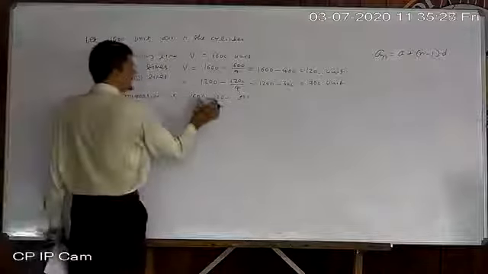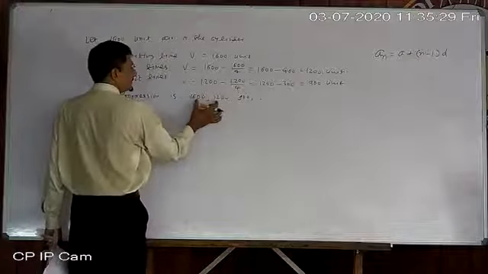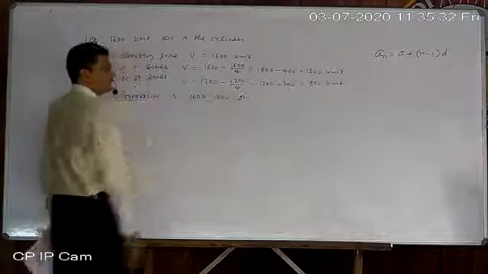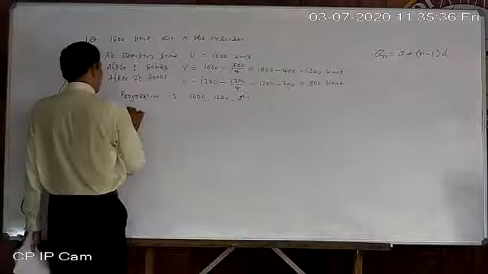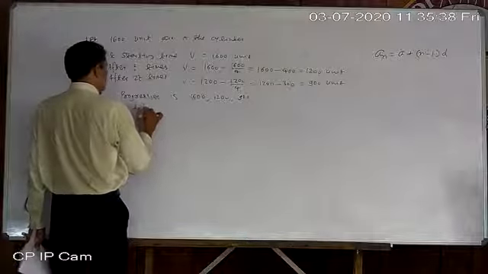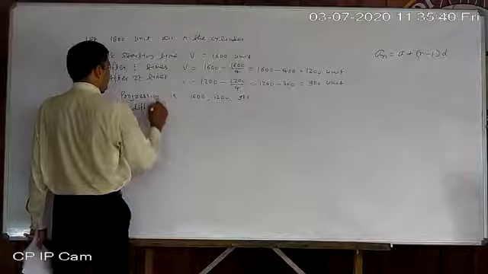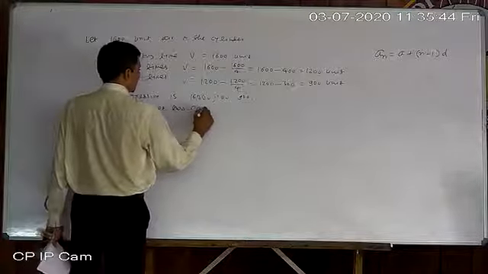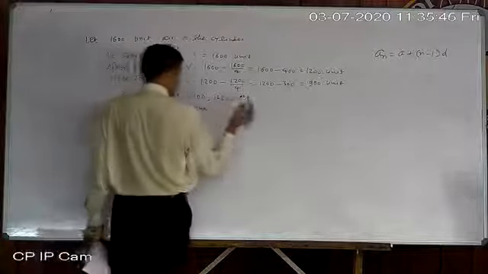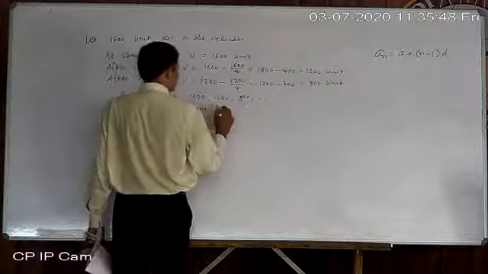Now look here, here is a gap of 400, here is 300, the gaps are not equal. So write down: the difference between two consecutive terms is not equal. I am writing in short only, you have to write in full.